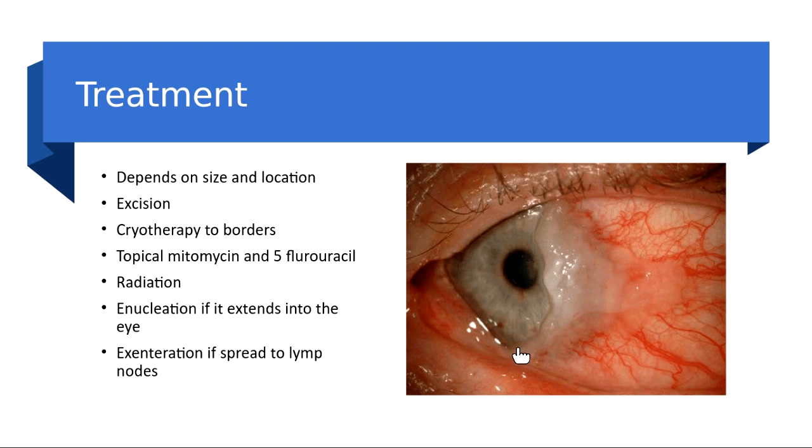Okay. So yes, it is encroaching on the cornea, and it is almost encroaching on the pupillary margins, right? And you see a large vessel here. Yes, this would be a sentinel vessel.